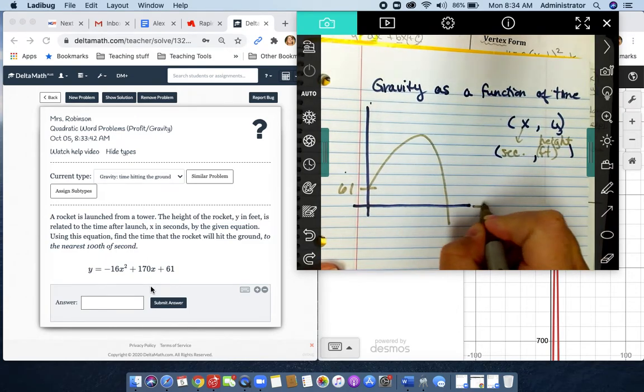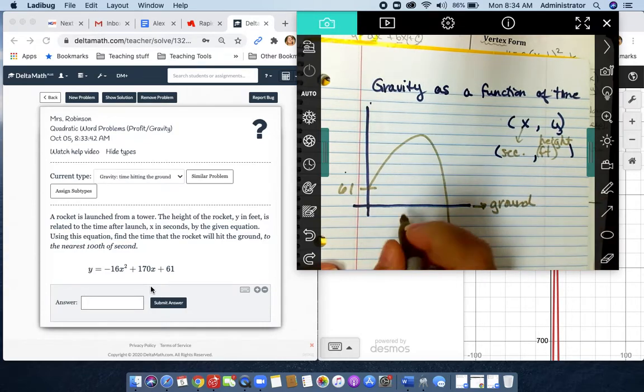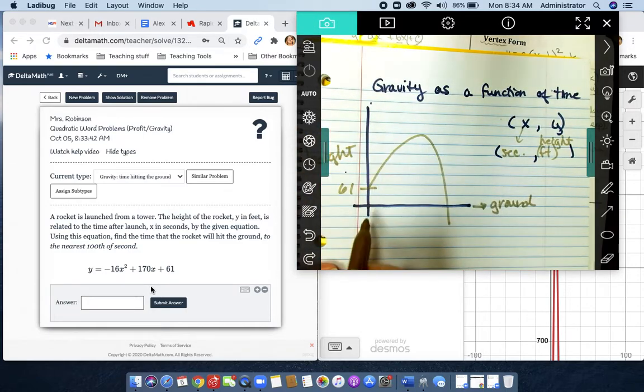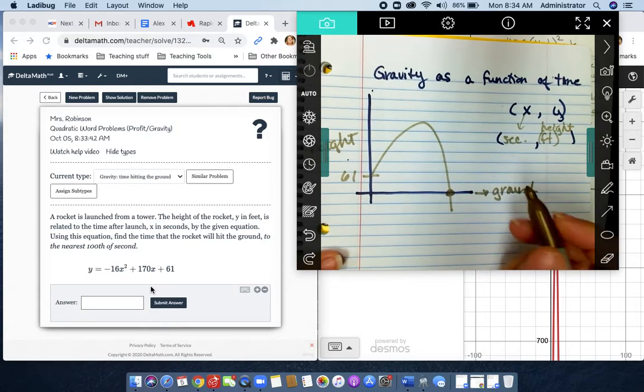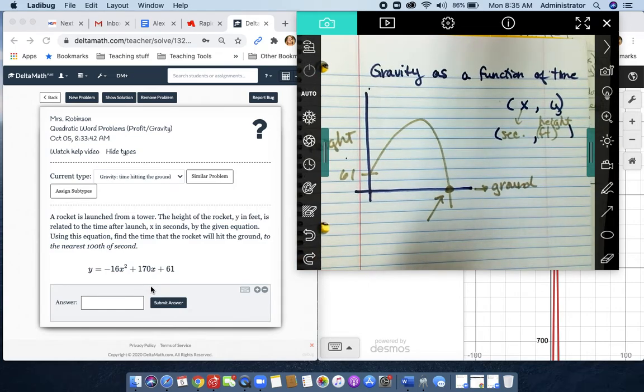So understand that the x-axis represents the ground, and y again is our height. So if our height is 0, I'm wanting to know this x-intercept this time. So this is our goal for these gravity as a function of time where it hits the ground problems, okay?